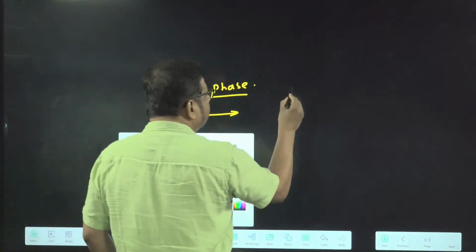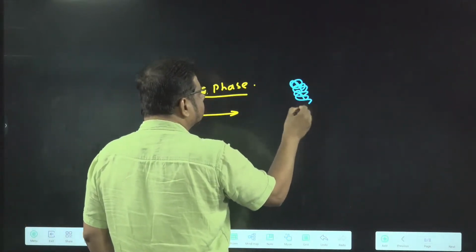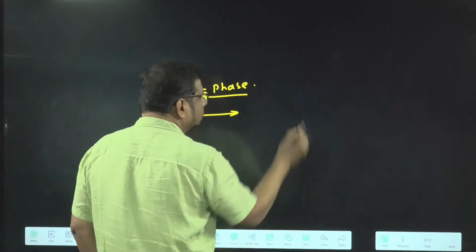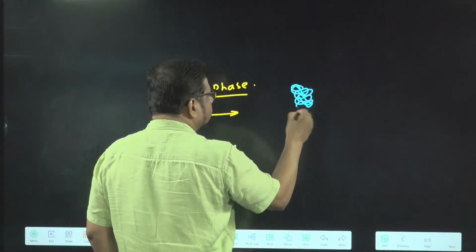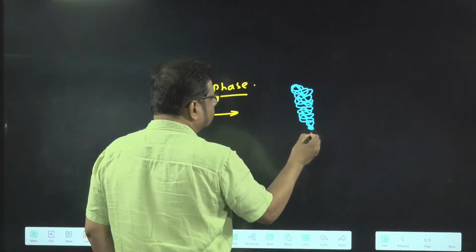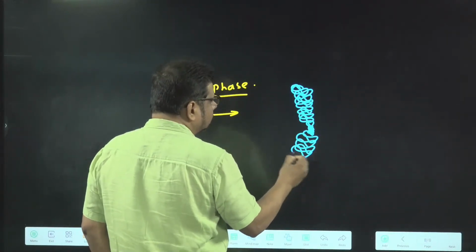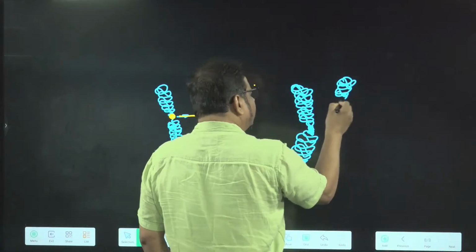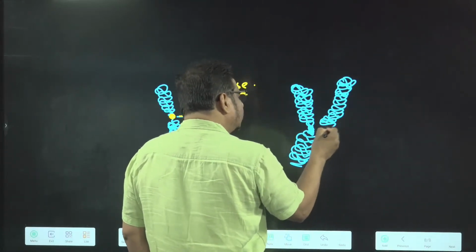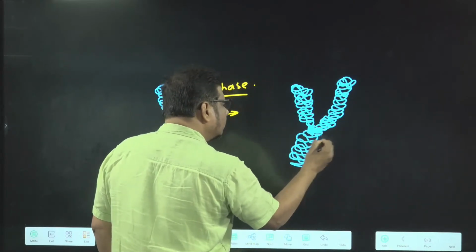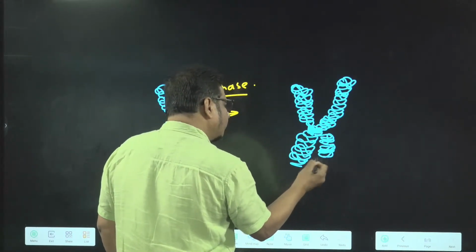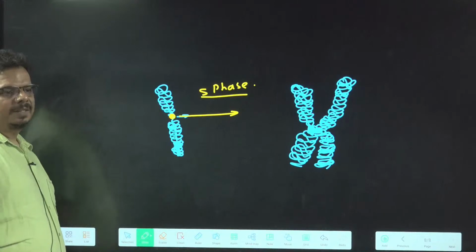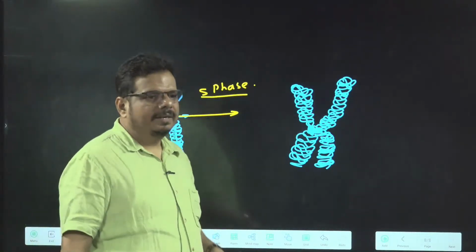So when DNA replication occurs, what does it become? During S phase, this will happen. This converts into this. DNA replication occurs.